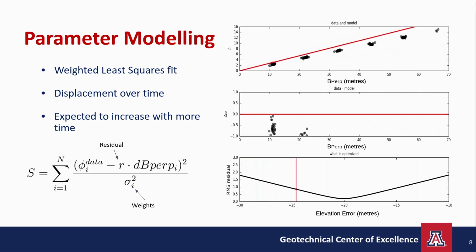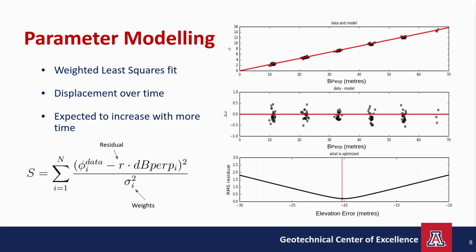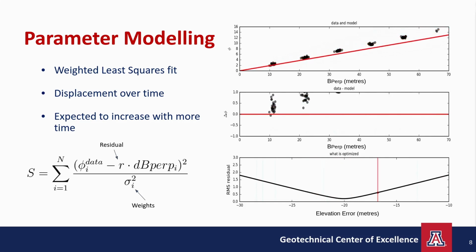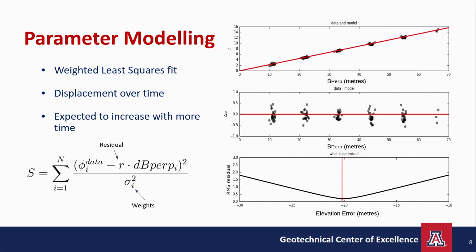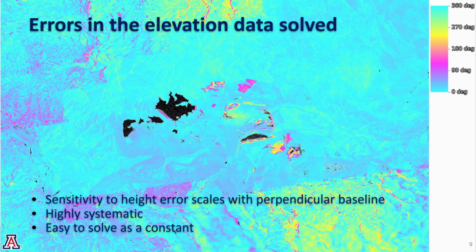I've included the least squares equation here for those interested in the math. Note that this is a weighted least squares solution, and the weights used are my coherence estimates from my filtering step. When I compute a least squares solution for every pixel, this is what I get.